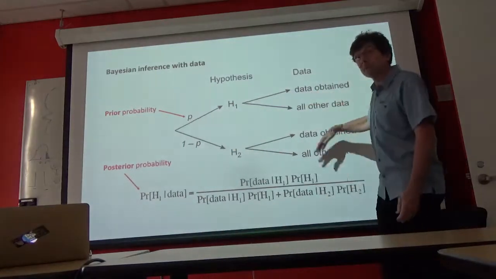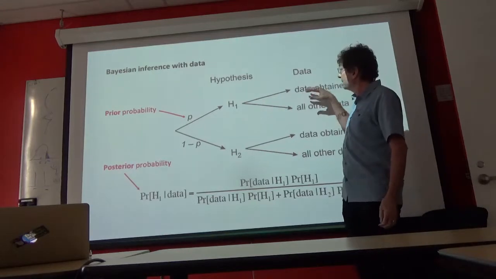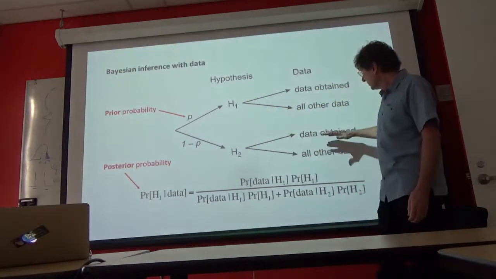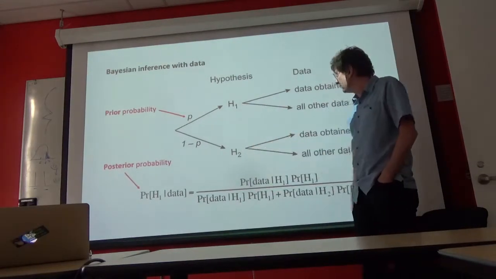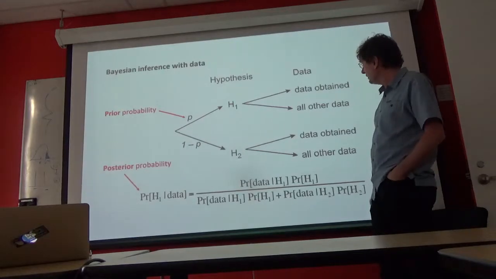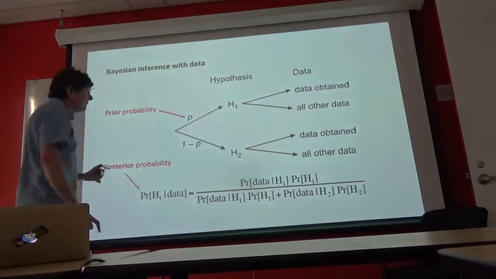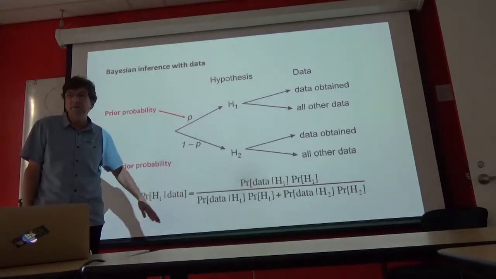Once we look at the data that we have, what's the probability that we would get the data if hypothesis 1 is true? What's the probability we would get the data if hypothesis 2 is true? And then what we want is the posterior probability, which flips things around, and asks, what's the probability that hypothesis 1 is true given the data that we have?